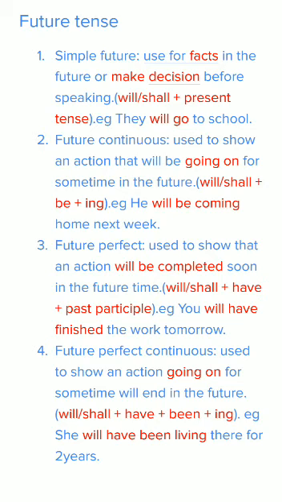Example, she will have been living there for 2 years. Here, will have been living shows that if she continues living in the same place, then it will be 2 years living there.